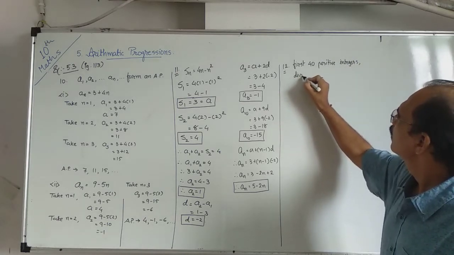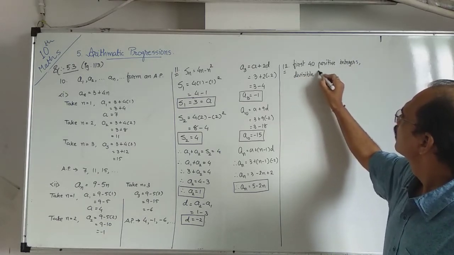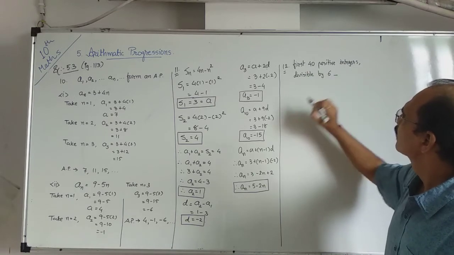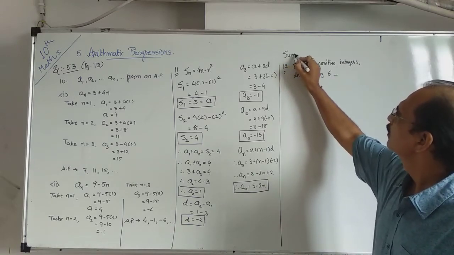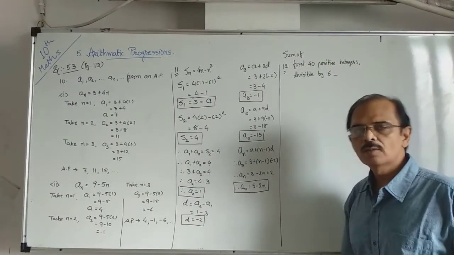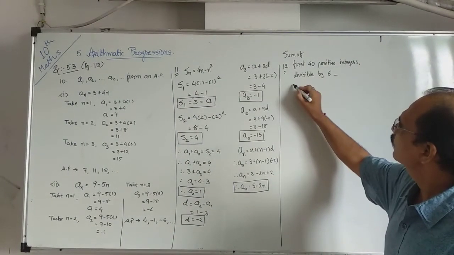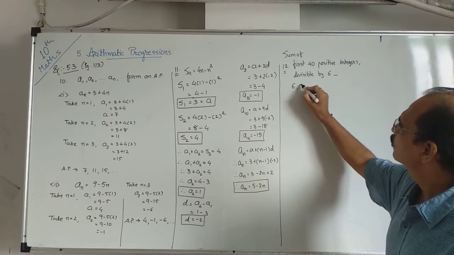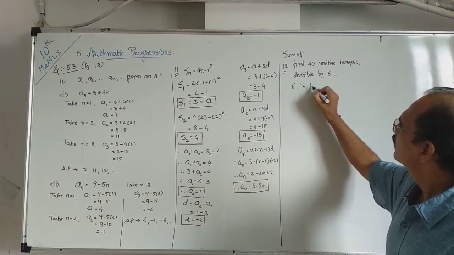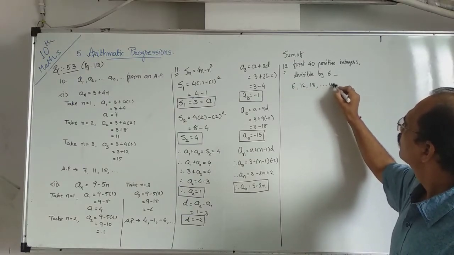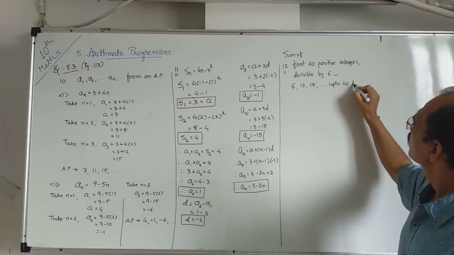Divisible by 6 means 6 1s are 6, 6 2s are 12, 6 3s are 18, up to 40 terms.